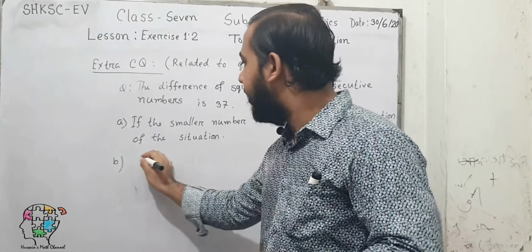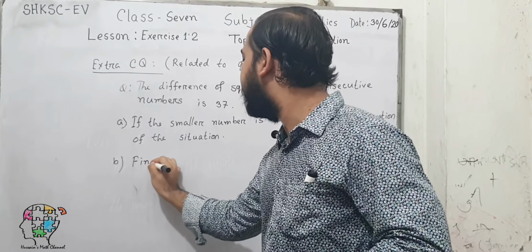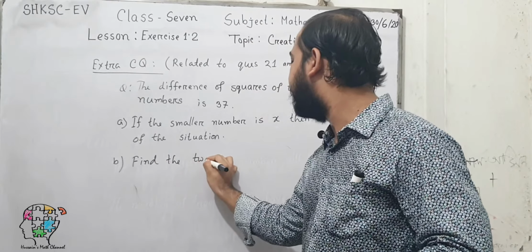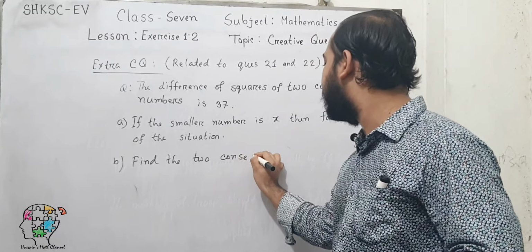Question number B: find the two consecutive numbers.